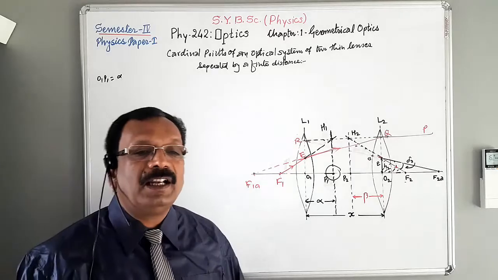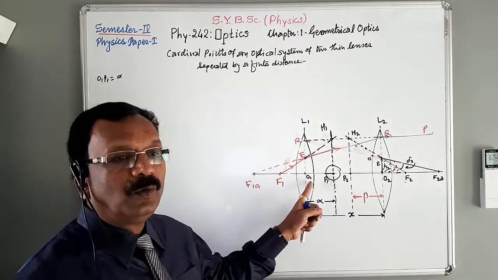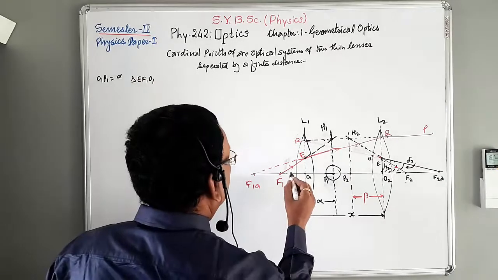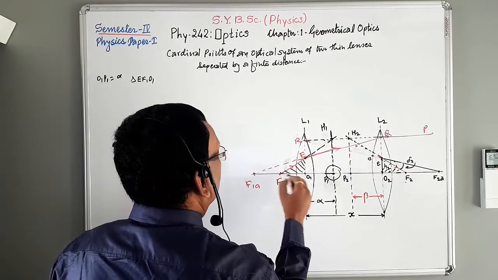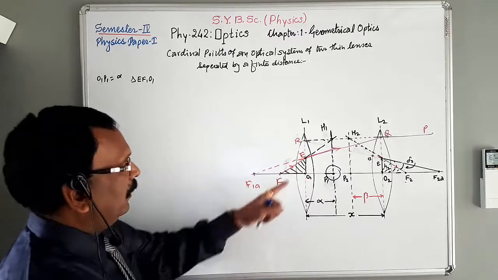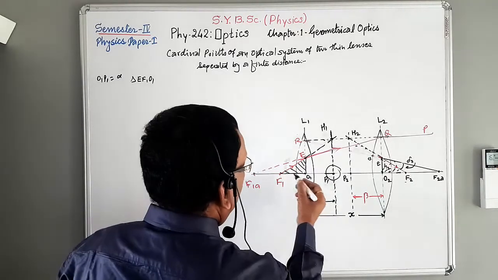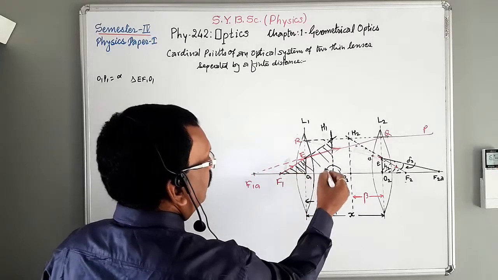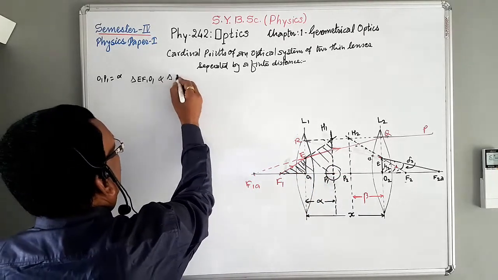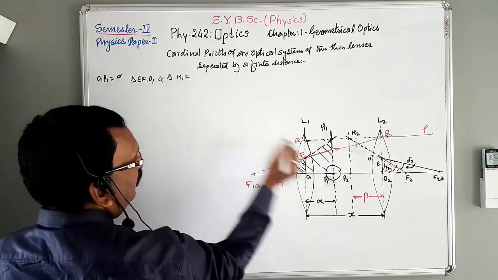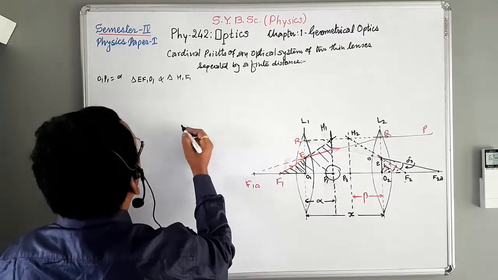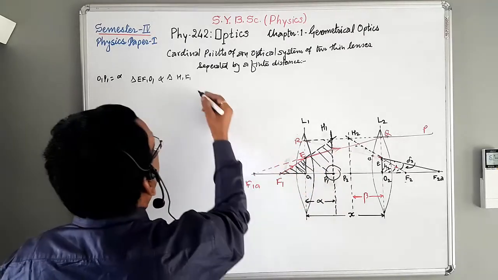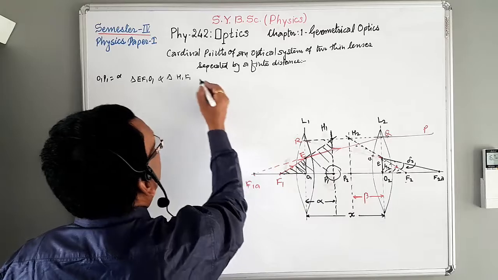Now in this figure again there are two triangles: triangle EF1O1, that means this triangle, and another triangle H1F1P1.